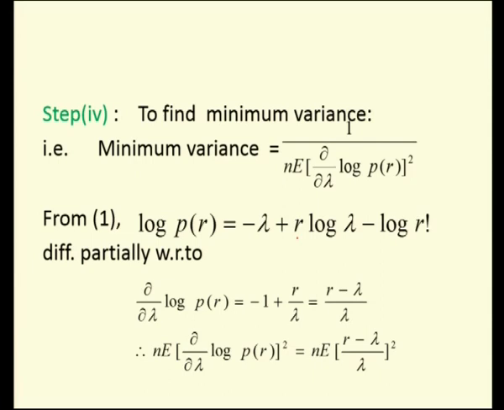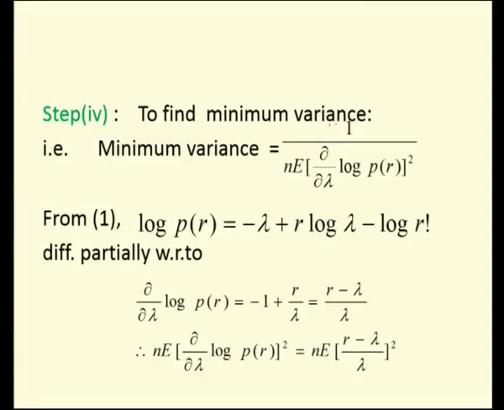Here, to find the minimum variance I am making use of the Cramer-Rao inequality, that is, if an estimator is unbiased then its variance will be equal to this particular part, in other words, you can consider the lower bound of the Cramer-Rao inequality. So, let us take the minimum variance, which is defined as 1 by n times the expectation of (dou by dou lambda of log of p of r) the whole squared.